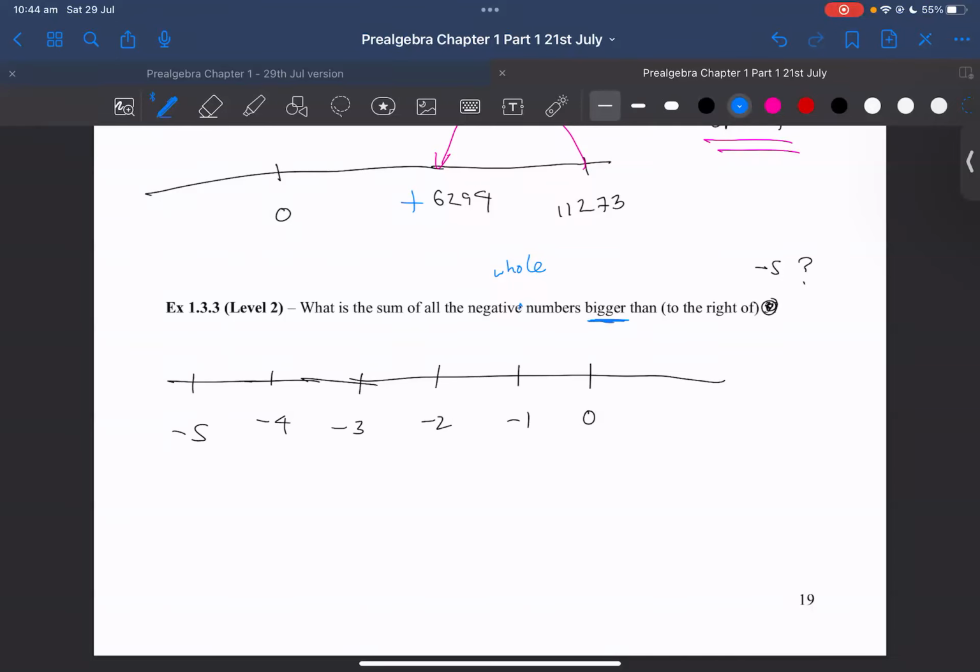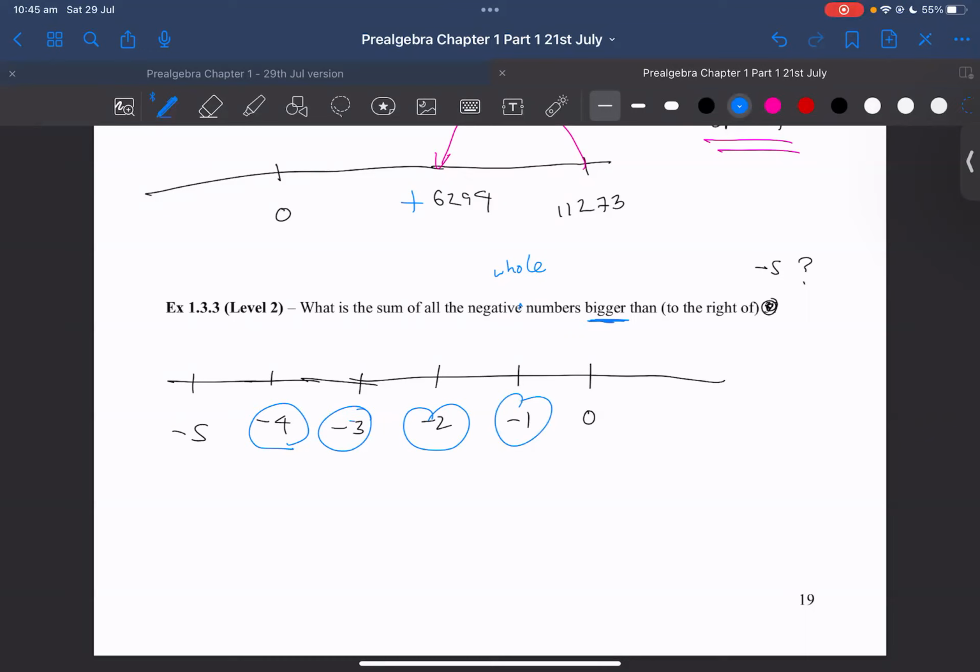You're correct if you excluded -5. So the negative numbers that are bigger than -5: this one, this one, and this one. Oh wait, so I don't add 5. Yeah, just leave that out. So you're correct other than that. Does that make sense?